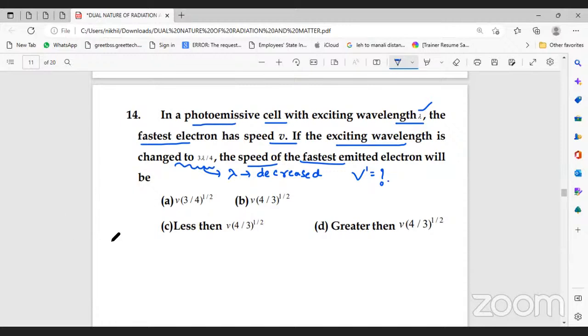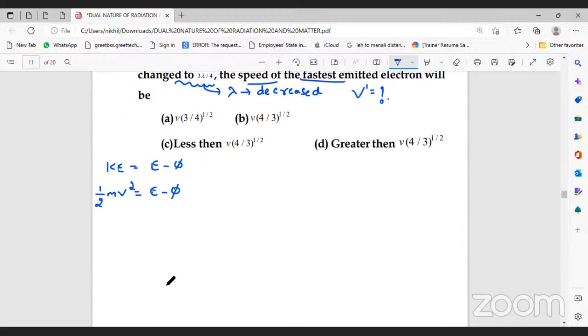What's the equation for kinetic energy? Total energy minus work function. What is the kinetic energy formula? Half mv square. So half mv squared equals total energy minus work function. What is v squared from this equation?